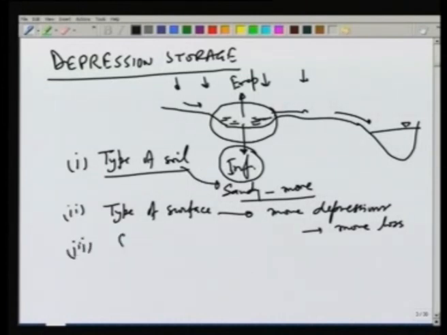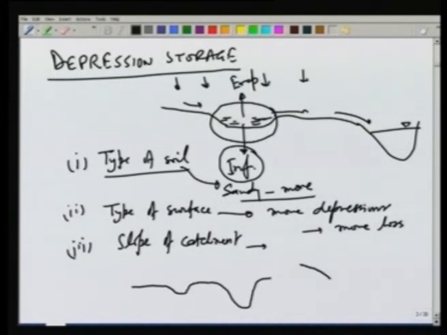The slope of the catchment is another important parameter. So, if you consider two cases, in one the catchment is very flat, and there are depressions. In the other, the catchment is sloping and has depressions. Typically there will be more loss in flat catchments and less in steep catchments.